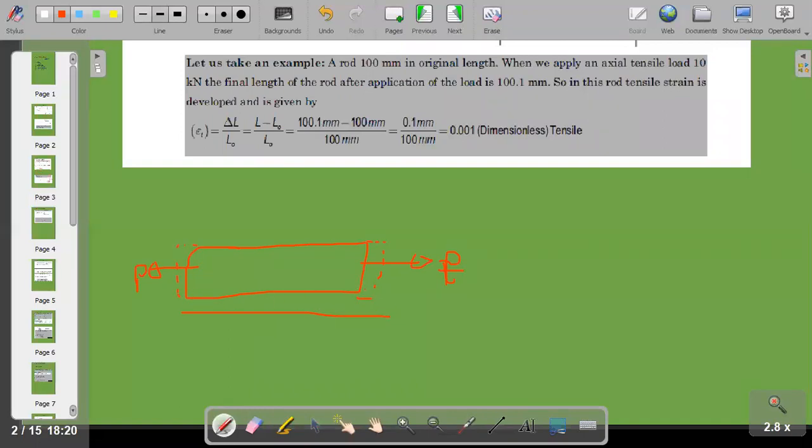Let's say the total length increase is delta L, and the initial length of the rod is L. So strain means change in length by L, that is, the final length after applying the stress minus the initial length, divided by the initial length. This is called strain.